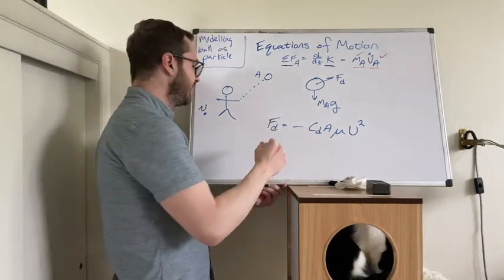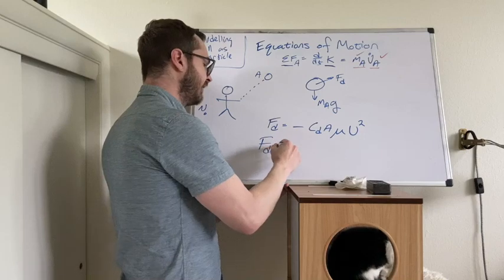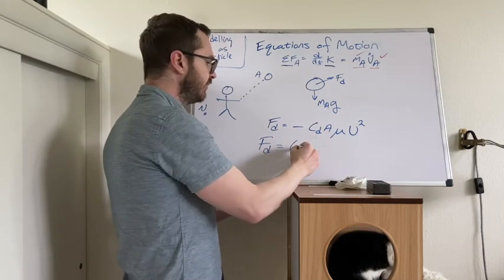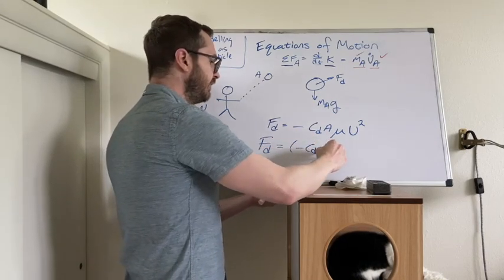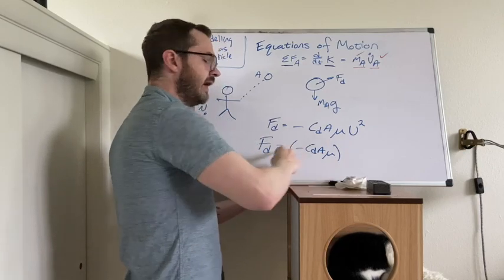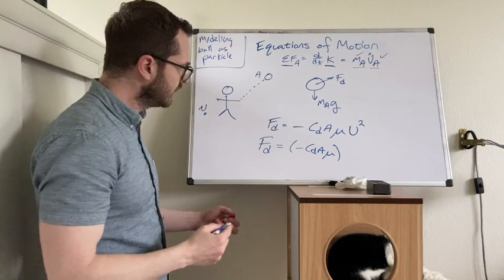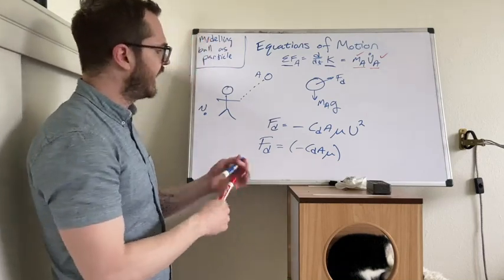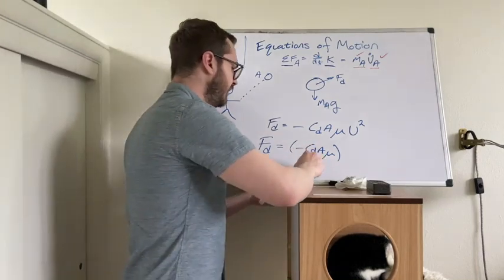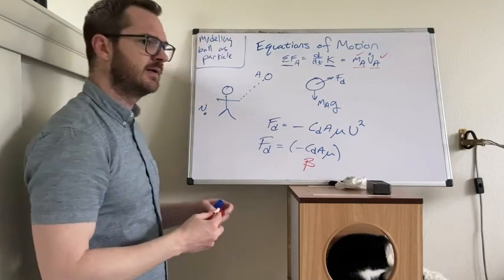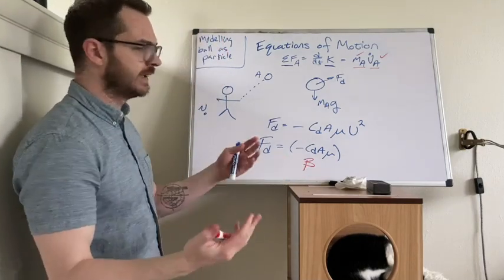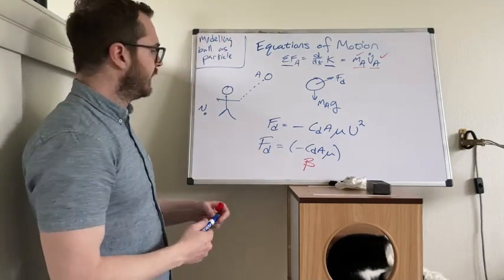As for implementing this in code, we're going to put these terms all together, CD, A, mu, and these will all become some damping coefficient. Usually I use a beta for this term, but again, you can call it whatever you want.